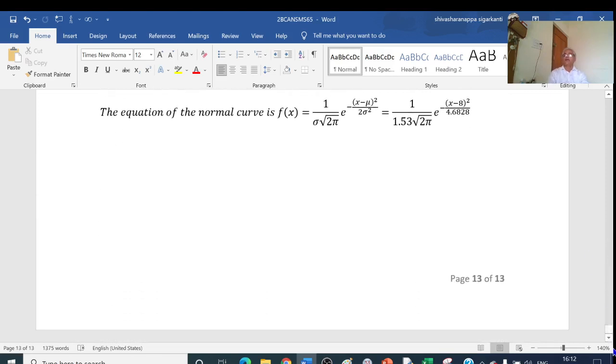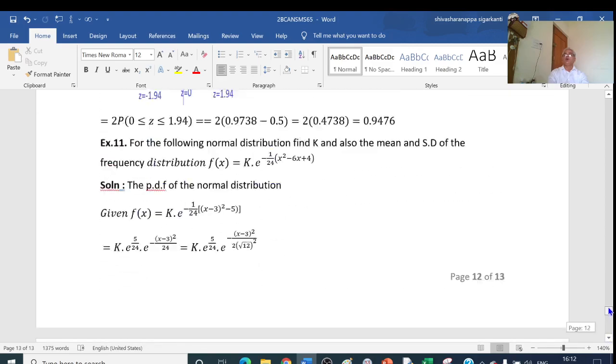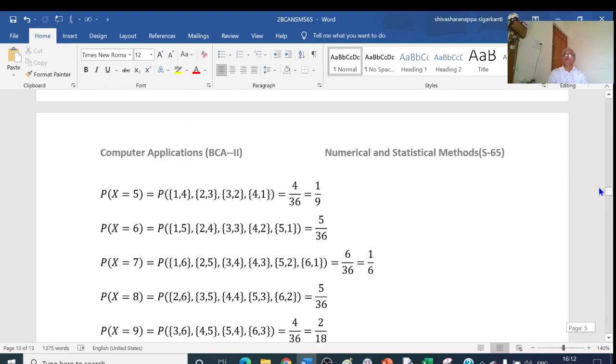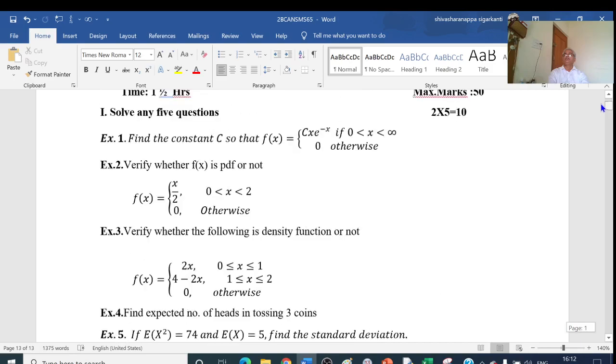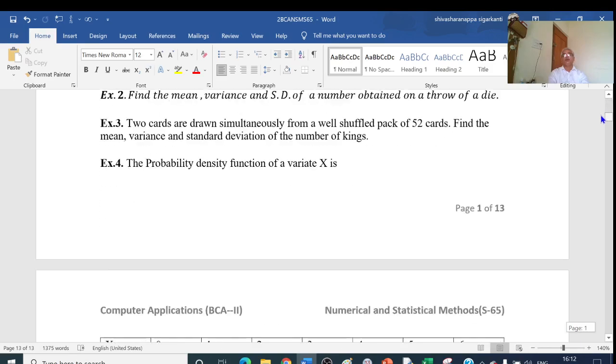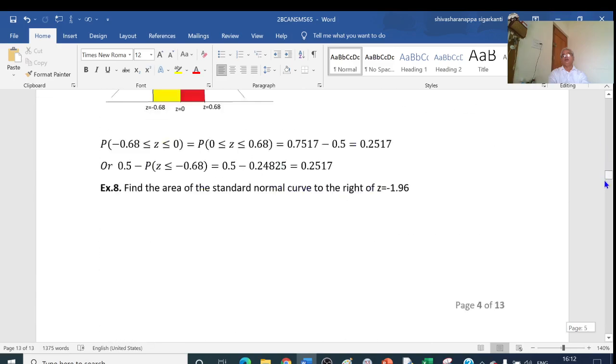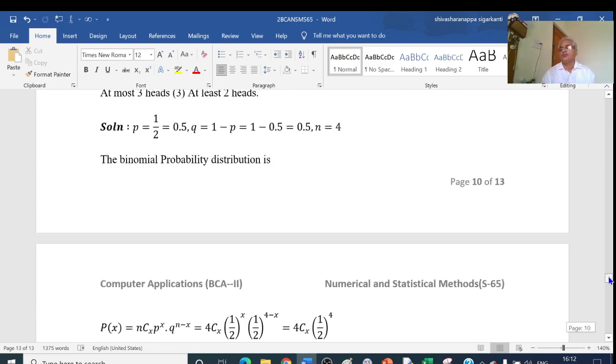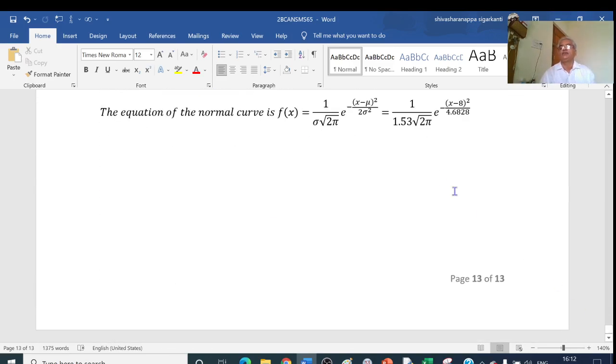So all answers are given, question paper is given. Try to solve this question paper, and the questions may not be the same, they may be different, but you will get similar types of questions. So I have given this model question paper. Okay, thank you. Try to solve the questions. Thank you. I'll stop here.